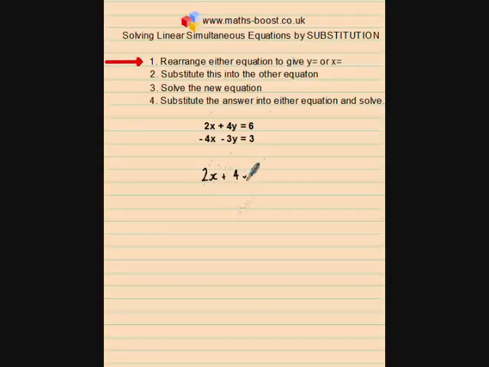And this is where your proficiency with solving and rearranging simple linear equations comes in. I want the x on its own, so I'm going to subtract 4y from both sides, and then I'm going to divide both sides by 2.